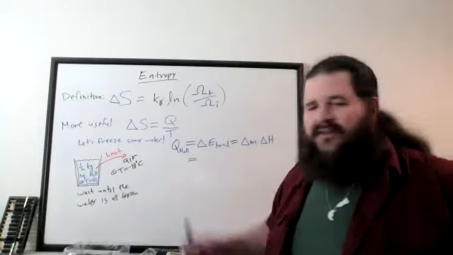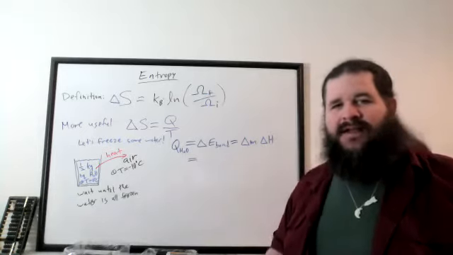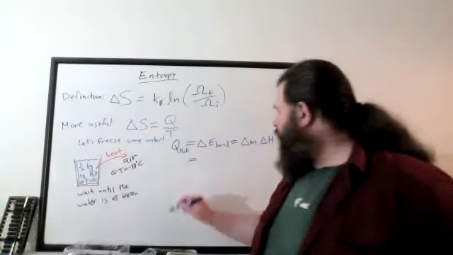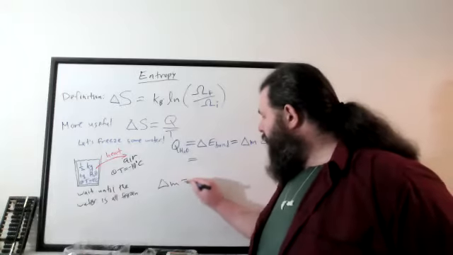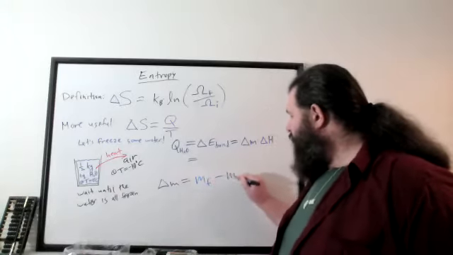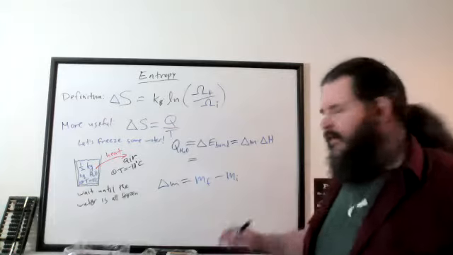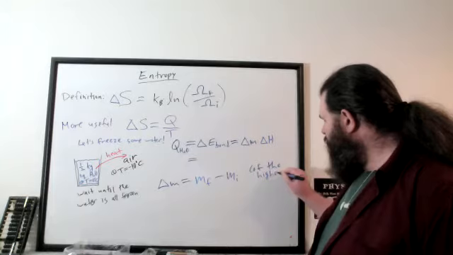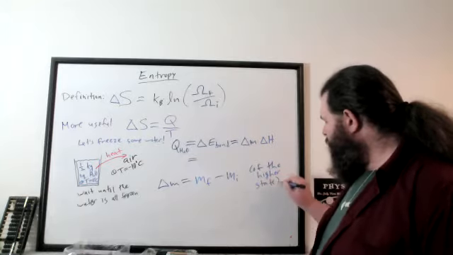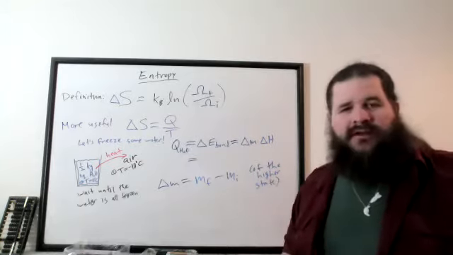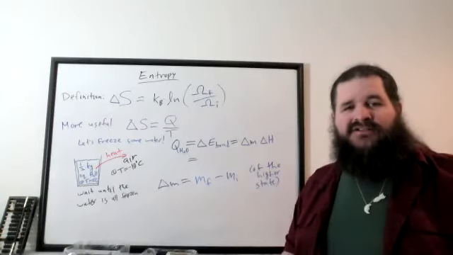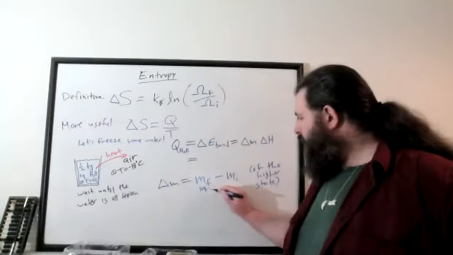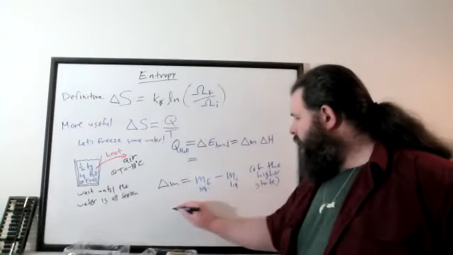So should we expect heat to be entering or leaving? Yeah, this should be a negative value. You can also see this from final and initial. If you write the delta M as final mass minus initial mass, that's specifically final and initial mass of the higher energy state, the higher phase. Between solid and liquid, liquid is the higher energy state. So this is specifically final mass of the liquid minus initial mass of the liquid.